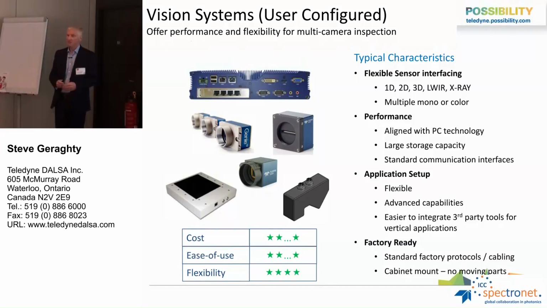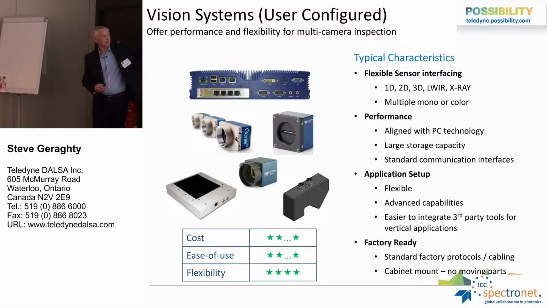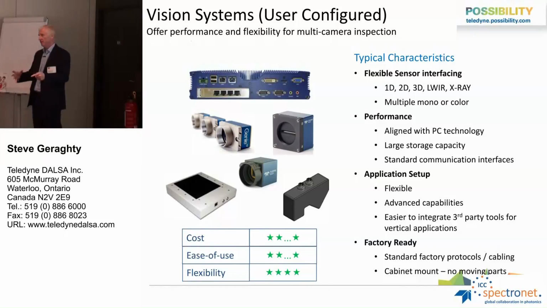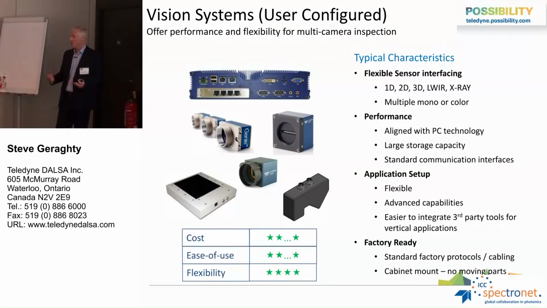The advantage of them is that they're very flexible. So you can add any kind of camera or sensing device to it. We make a bunch of different sensing devices, but what's nice is you can do line scan applications, area scan applications, microbolometer, which is a long-wave infrared application. You can do X-ray, you can do 3D, and you can hook all of these cameras up to one box and one piece of software, and develop your system that way.